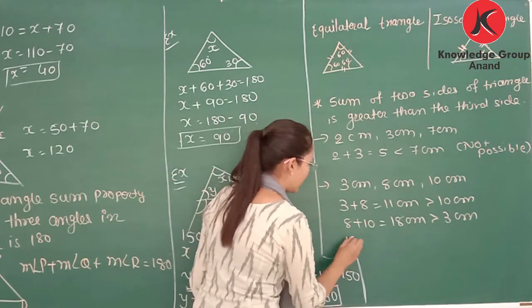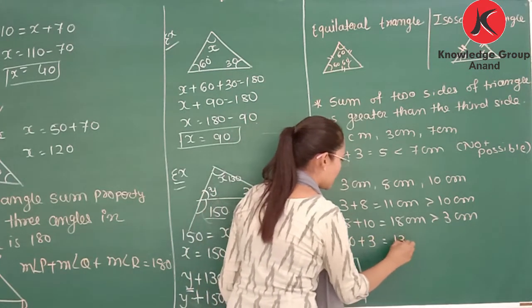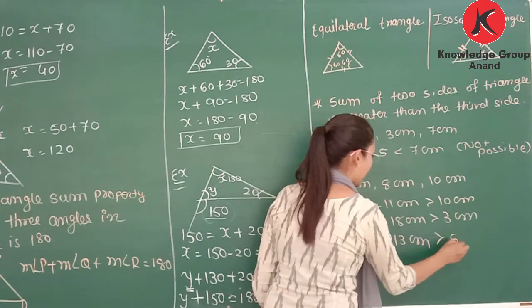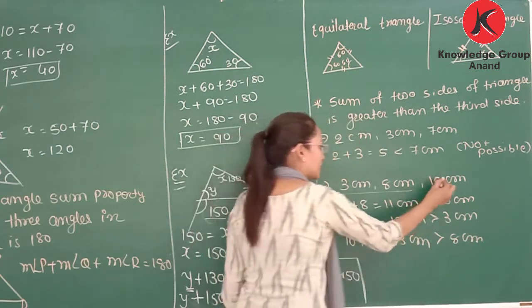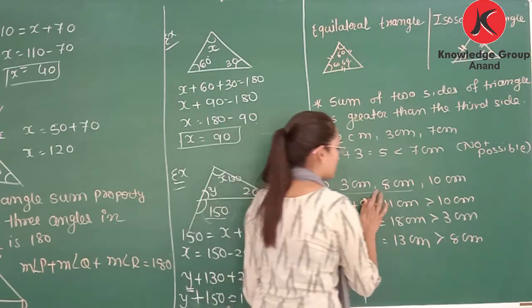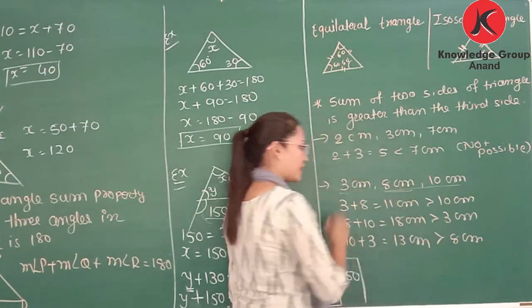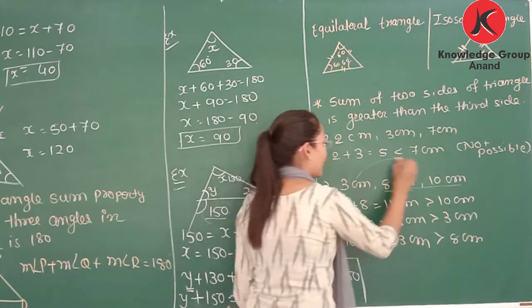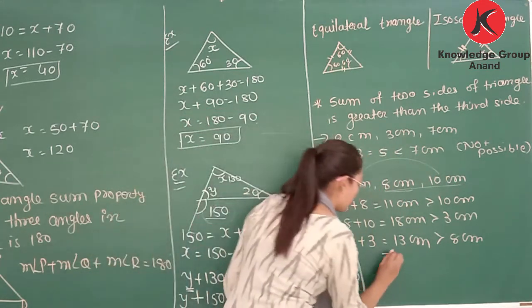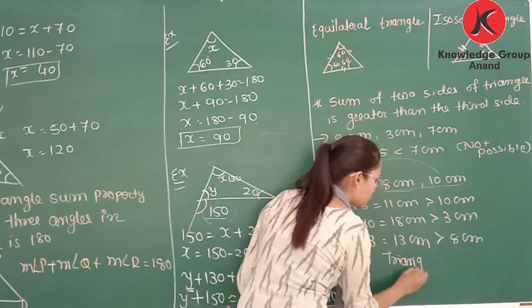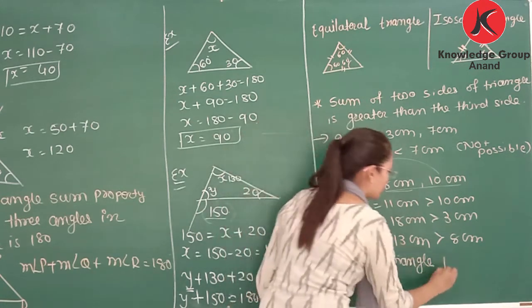And 10 plus 3 is 13 cm, greater than 8 cm. So the sum of any two sides is greater than the third side. So this triangle is possible. Means it is possible to draw a triangle with these sides.